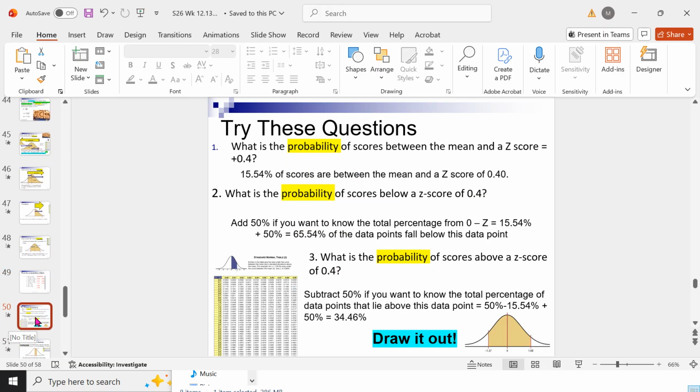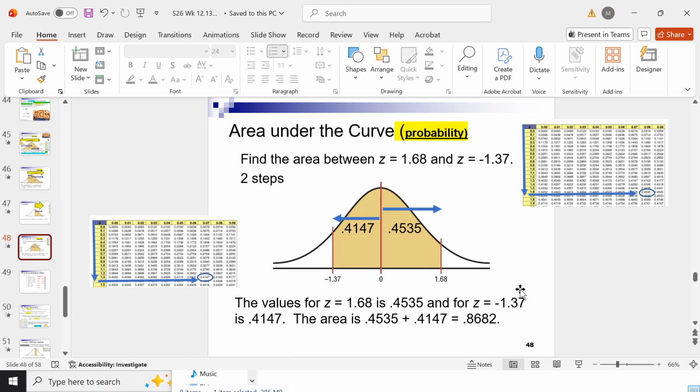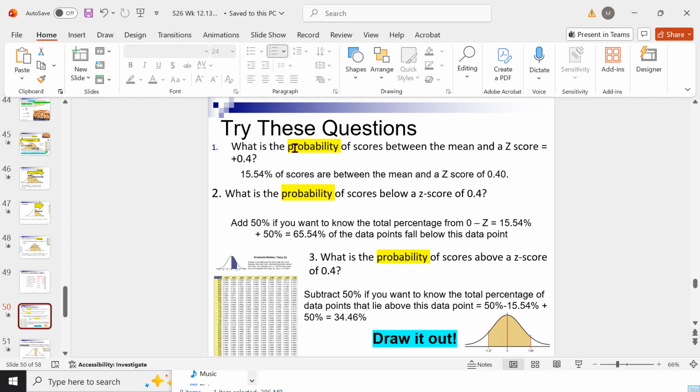Some more try questions here. What is the probability of scores between the mean and a z-score of 0.4? In this case I don't need to show you a graph. You should be able to, quick like a bunny, do a graph. So what is the probability of scores between the mean and a z-score of plus 0.4?